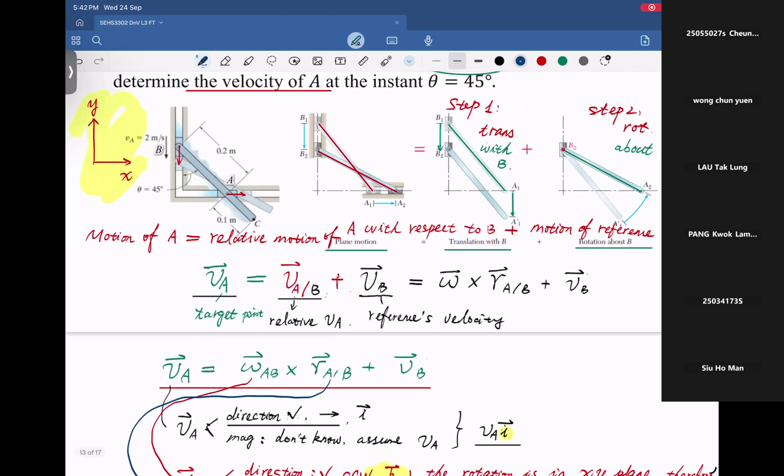From B to A, we should use this position. At this instant, we should analyze this instant.